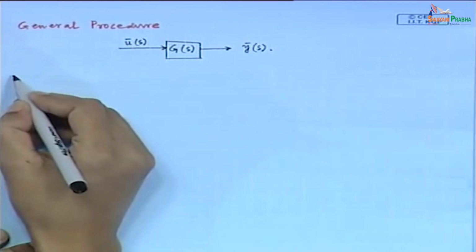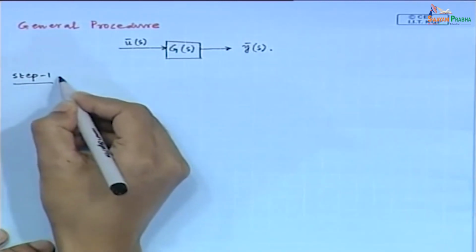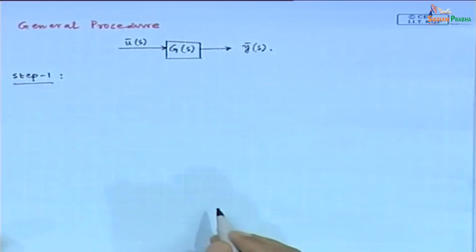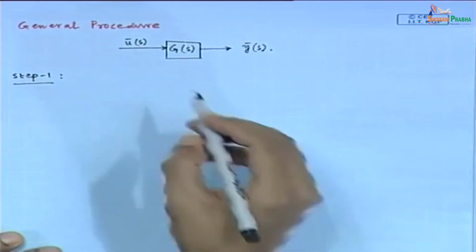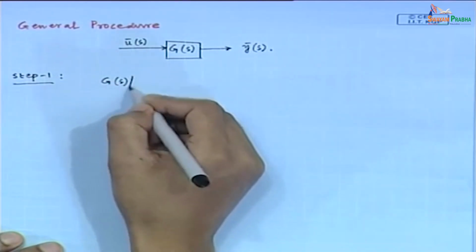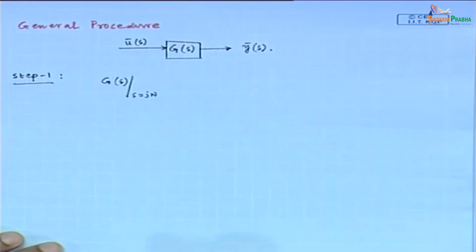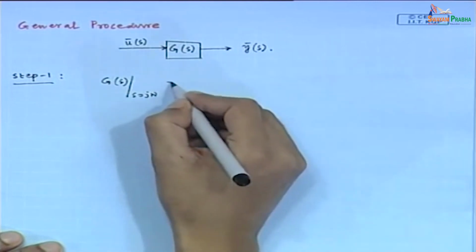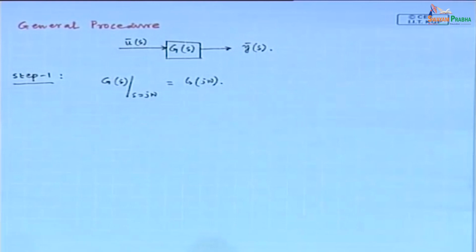In the first step, we should replace s by j omega to obtain the frequency response transfer function.